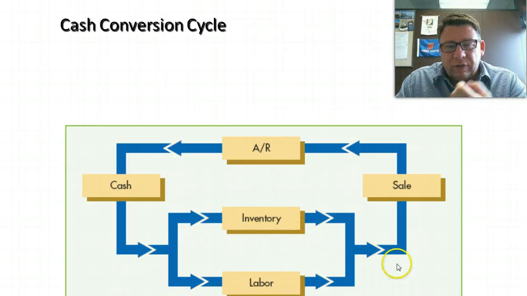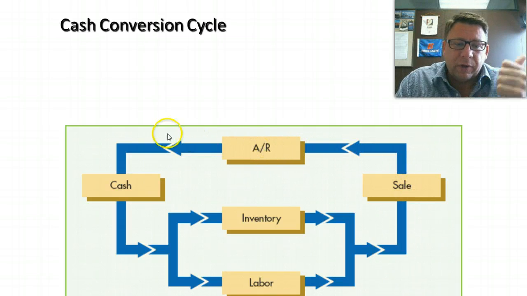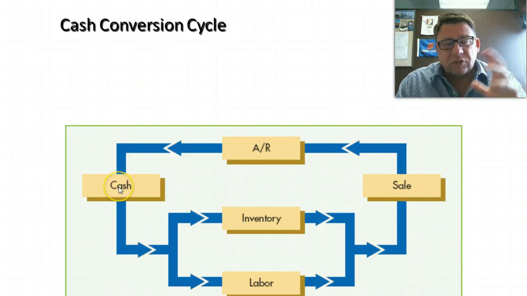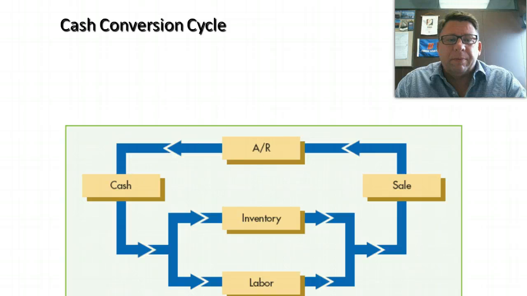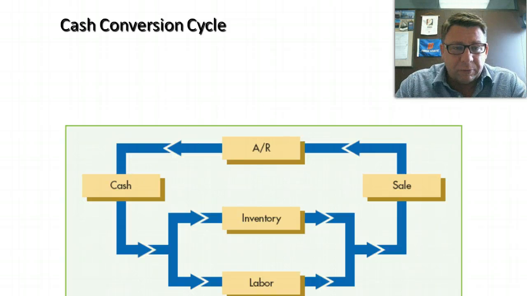Either way, we're going to do that to produce an item or purchase an item that we can sell. That then creates an accounts receivable, and we later collect that from our customer. So we now have cash to start this cycle over again. This is important for businesses, because if businesses can speed up the cash conversion cycle, that helps improve working capital management.